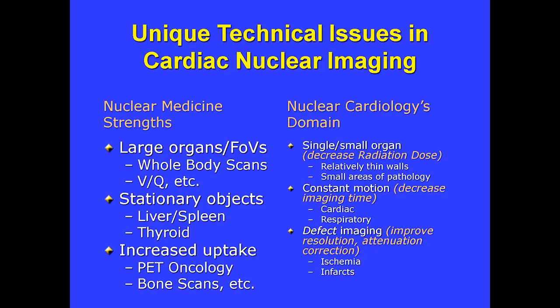But nuclear cardiology is almost the complete opposite of how nuclear medicine runs. It goes on the other side of the spectrum. We're looking at a relatively small organ compared to the liver and spleen. We're looking at the heart, and we're trying to do this in the current environment of decreasing radiation dose.